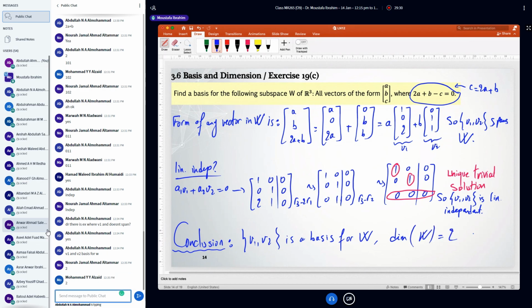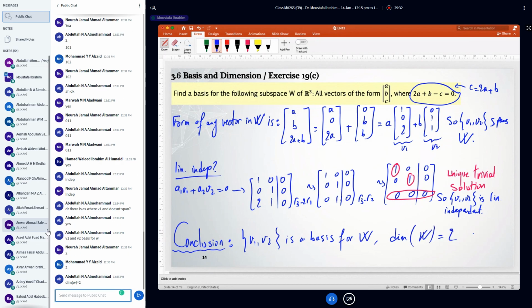Very good. Please take a screenshot. I will erase and I will show you what this means. What does dimension 2 and its basis mean? We are working in a vector space, and the biggest vector space here is R3.